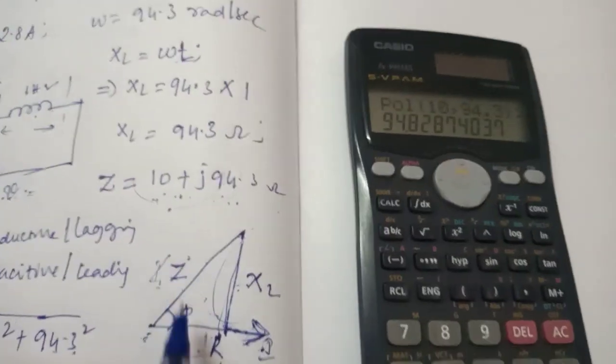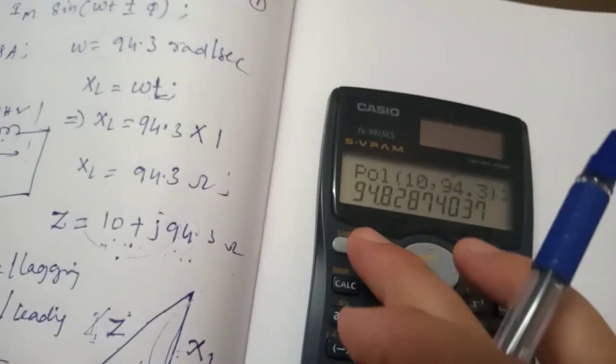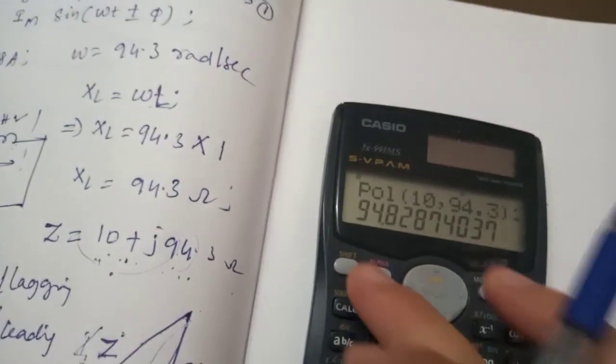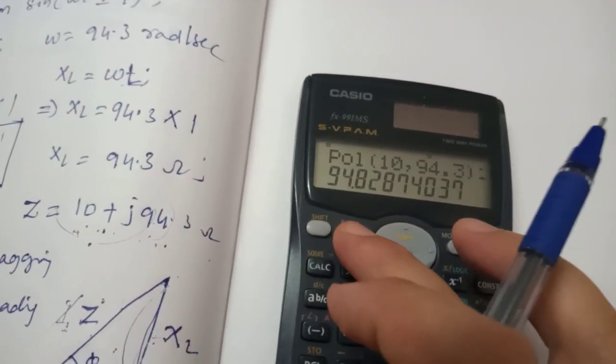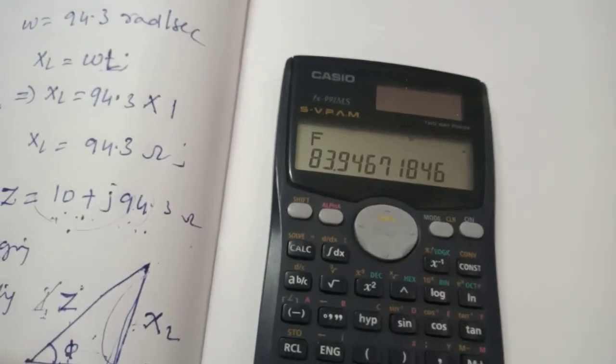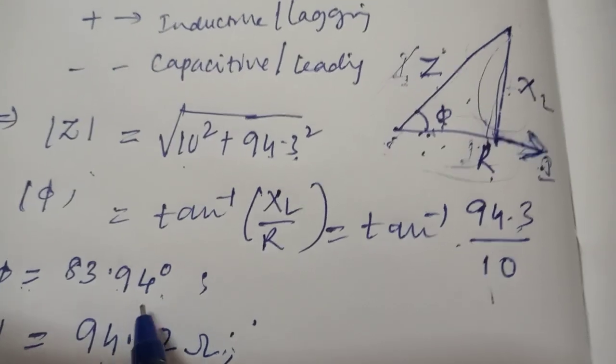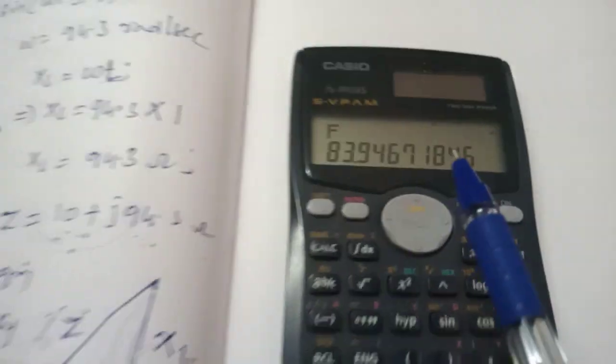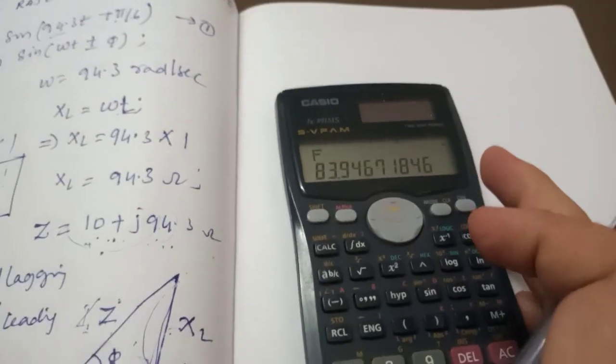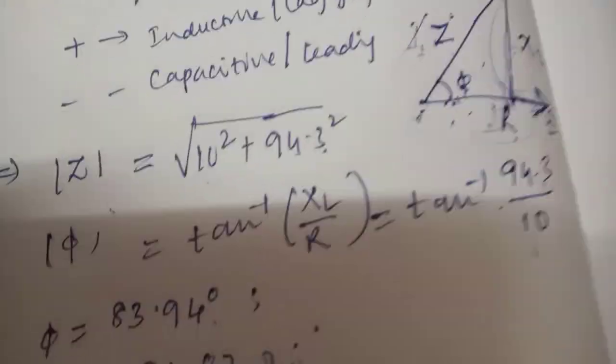What is the angle of impedance? The angle of impedance is 83.94. So you can do it directly rather than doing all these calculations. Now you have got the impedance.